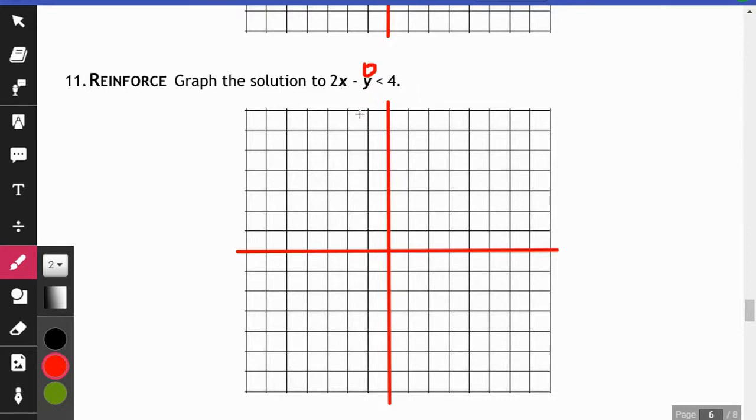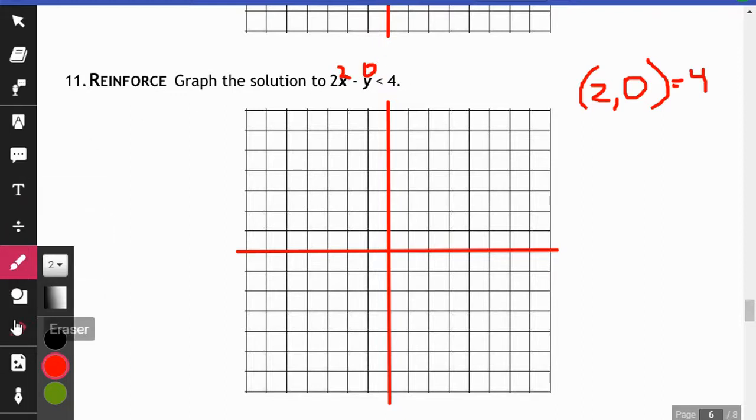So that's the point 2, 0. I plug the 2 in for x and a 0 in for y, and get 2 times 2 is 4, plus 0 equals 4. So that's a point that makes it equal 4. We always start with the line, what equals.